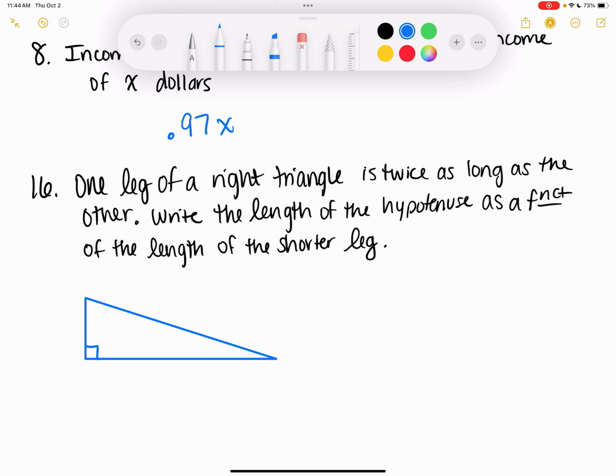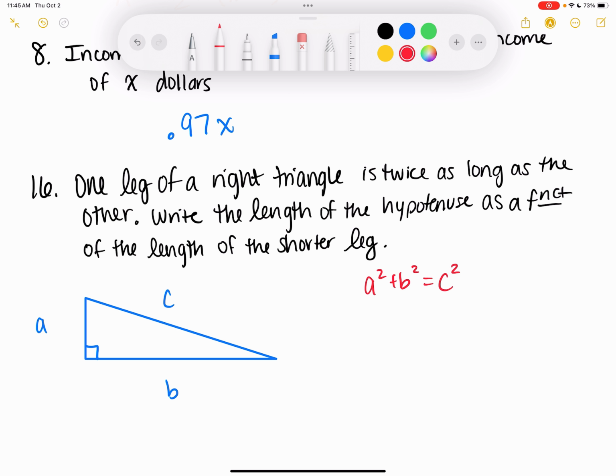In general, I would typically call my triangle sides A, B, and C, right? Most of the time. What formula associates these things together? Yep, A squared plus B squared equals C squared.